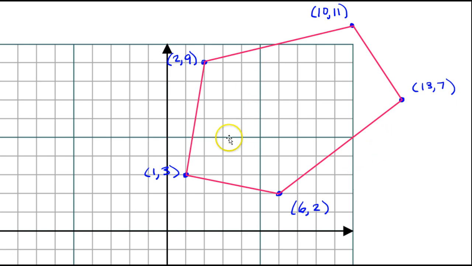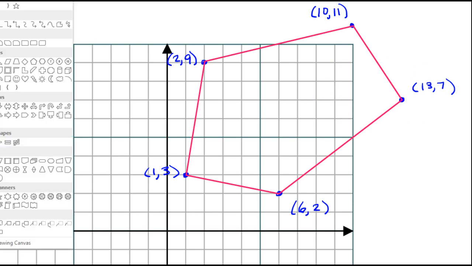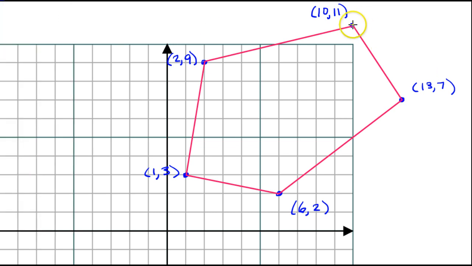Now the way that we can find the area is by separating this polygon into triangles. Alright, the strategy that we've used so far relies on finding the area of triangles. So if we can divide this into triangles, we can just find the area of each triangle.